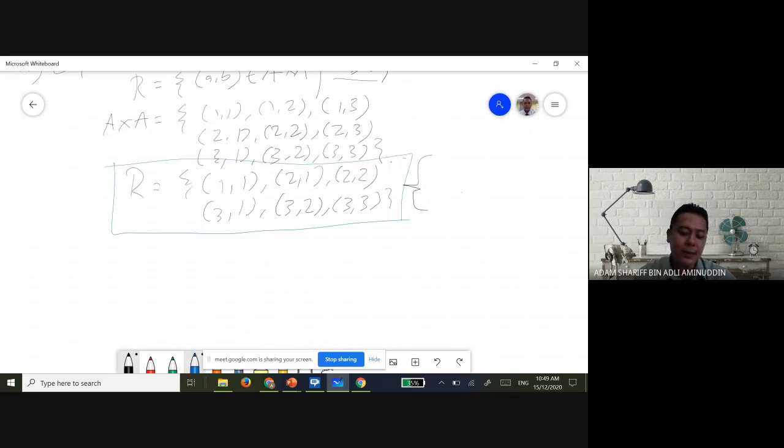So, saya kena check satu-satu. Kalau symmetric, 1, 1. There exists 1, 1 for 1, 1. There exists 2, 1, but tak ada. There does not exist 1, 2 for 2, 1. Saya dah nampak dah. Untuk 2, 1, dalam ni tak ada 1, 2. Not symmetric.